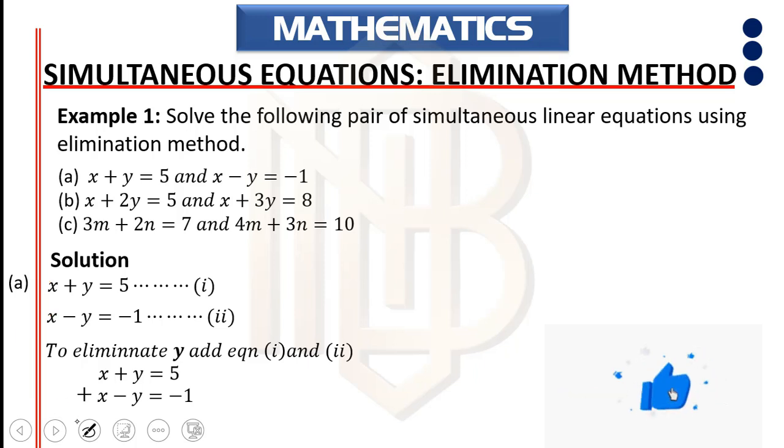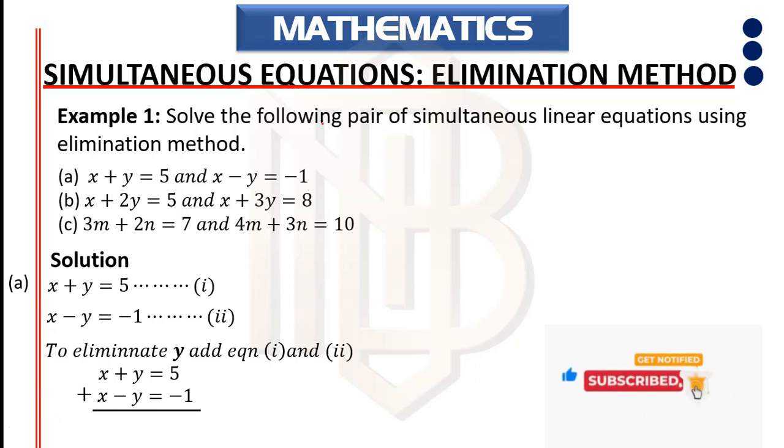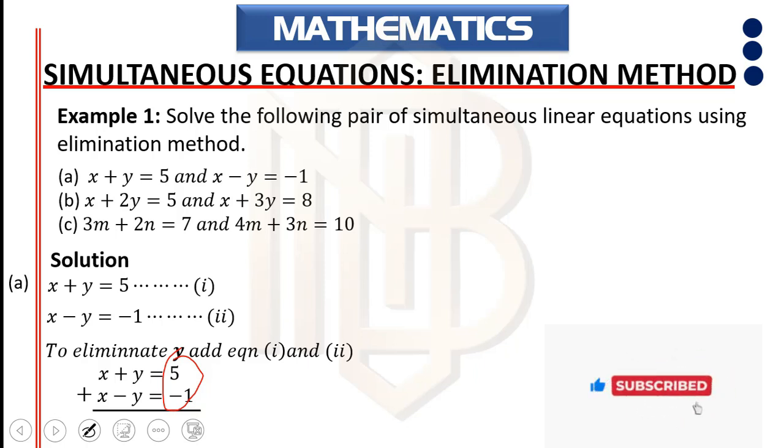If you are adding them, you just do the addition. This plus this will give us 4, and 0 plus 1y minus 1y will give us 0, and x plus x will give us 2x.